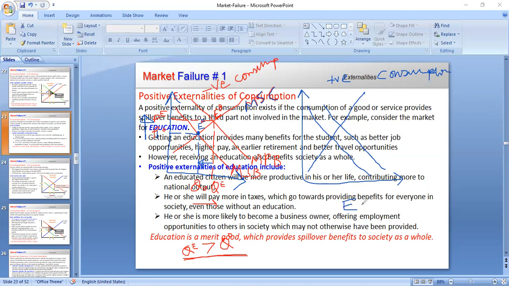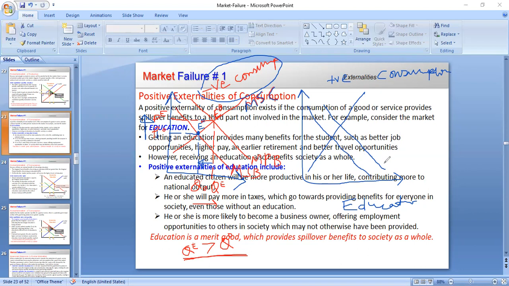Education is a positive externality of consumption. Now, the diagram for positive externality in consumption is going to be the same as the diagram for negative externality in consumption. The only difference is going to be the labeling. We are just going to interchange the labeling.